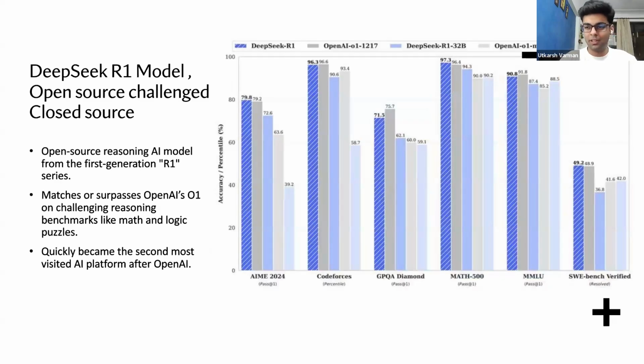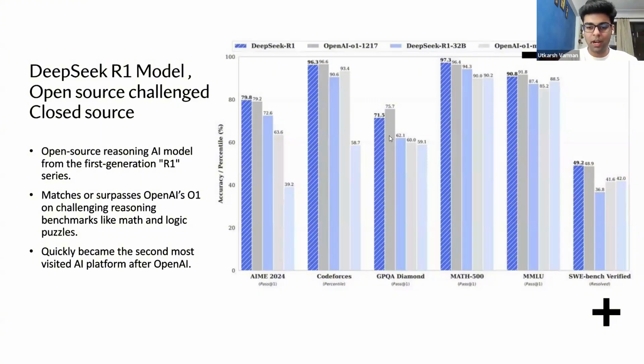This open source model just came out and it has surpassed several benchmarks in comparison to the O1 and O1 mini models, and also surpassed its previous base, the DeepSeek V3 model on which it is trained. On SWE bench, it surpassed OpenAI's O1 model by a small margin and the O1 mini model by a huge margin.